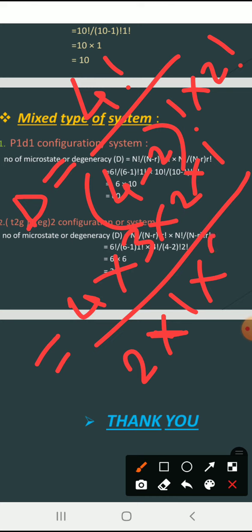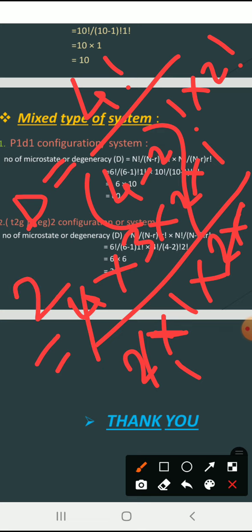The 2 gets cancelled; 2 ones are 2, 2 twos are 4. Therefore, for eg2 the number of microstates is 6.